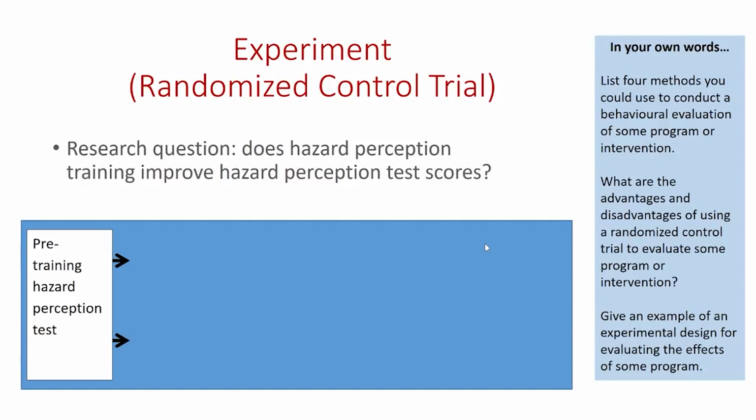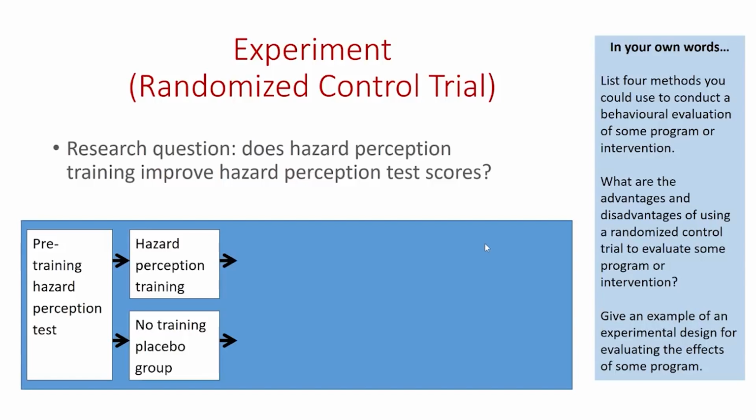So the score is literally how early you can anticipate these potentially dangerous situations, and that score predicts your crash rate, and also predicts other things, like how often you slam on your brakes during real driving. So it's a pretty well validated test.